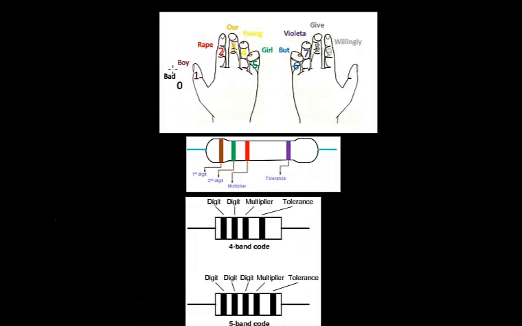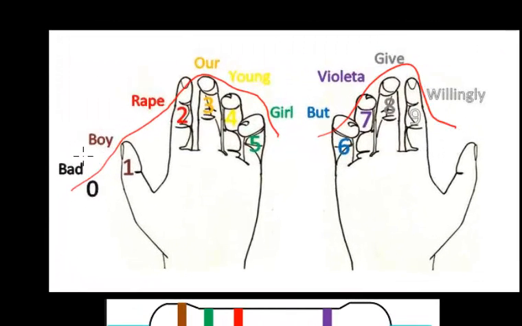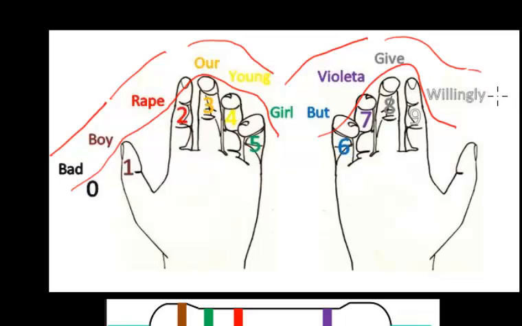To remember this color code, there is a quick way. There is one sentence which is quite famous, so that you can remember the values of the resistor codes, which says: Bad Boys Rape Our Young Girls But Violet Gives Willingly.